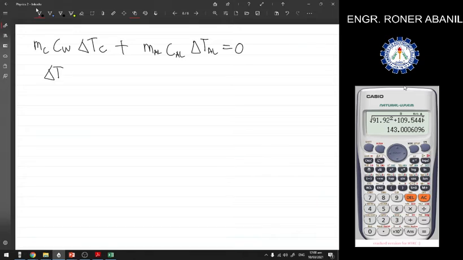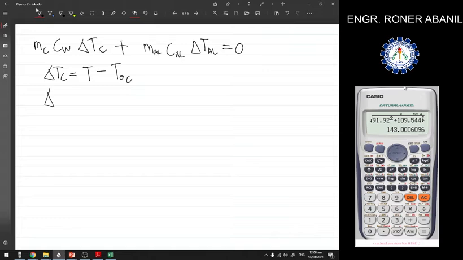Yung change of temperature ng coffee is equal to T minus the T initial ng coffee. Ito yung final niya na hindi natin alam.